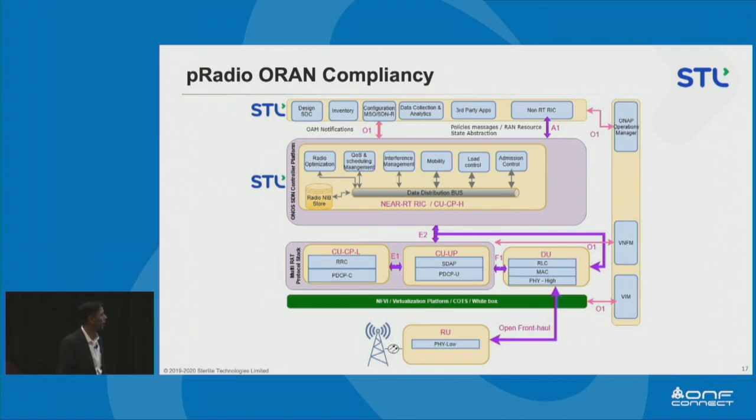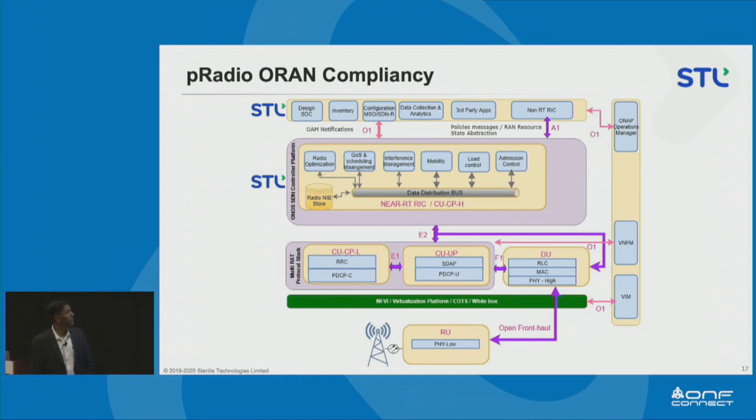E1 is the interface which you usually have between the control plane CU-CP and CU-UP. And E2 is an interface which you basically put between the RIC and CU.